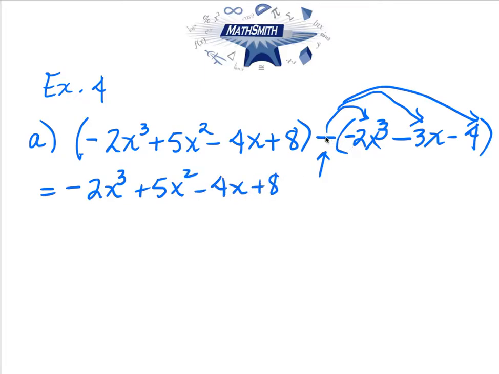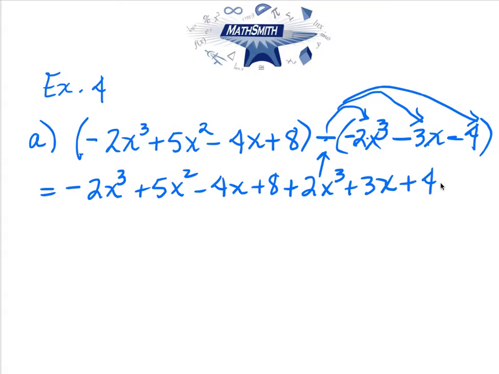But now I'm going to multiply all of these by negative 1. So negative 1 times negative 2x cubed gives me a plus 2x cubed. Negative 1 times negative 3x, that's plus 3x. I'm adding the opposite when I'm subtracting. Then negative 1 times negative 4 gives me a positive 4.